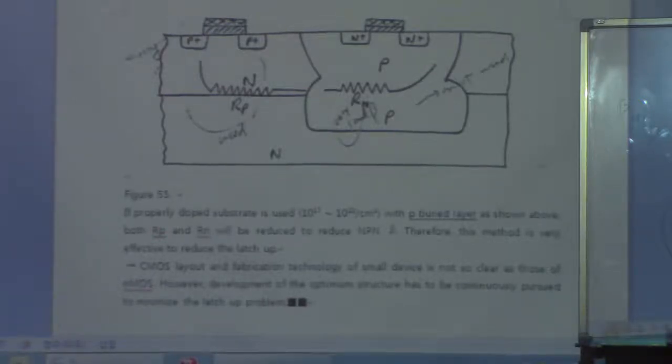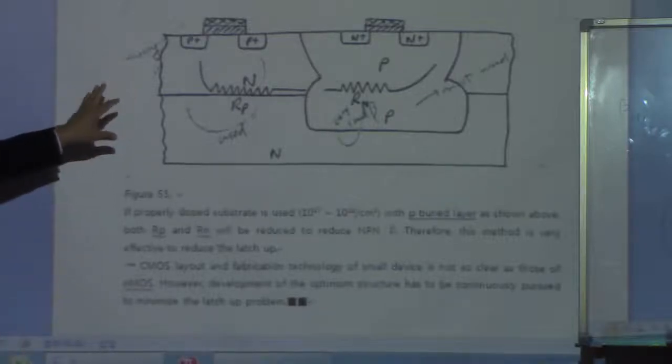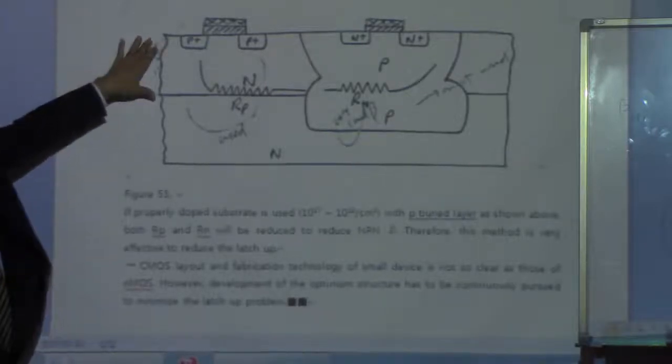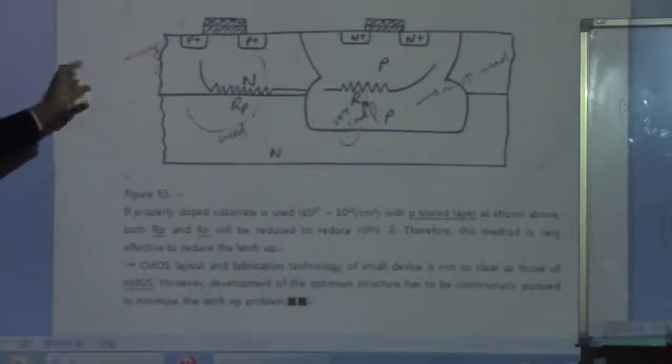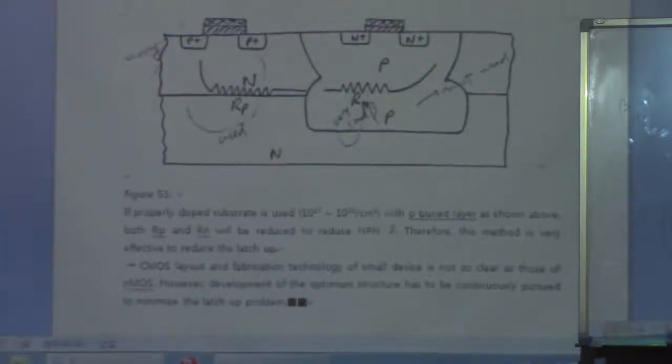But this is very troublesome. You have to do the epitaxial growth of new layers, 10 microns, and that is not easy.